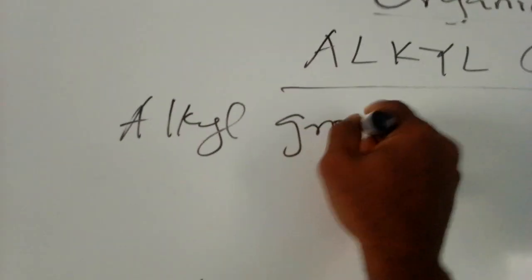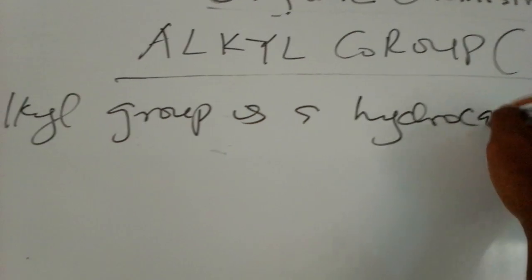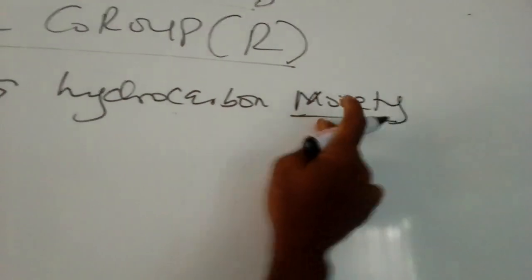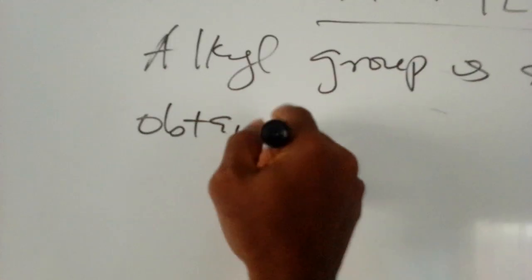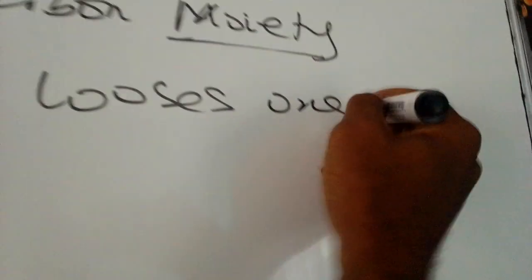So, the Alkyl group, by definition, is a hydrocarbon moiety. The word moiety means a part of an organic compound obtained when an alkane loses one hydrogen atom.